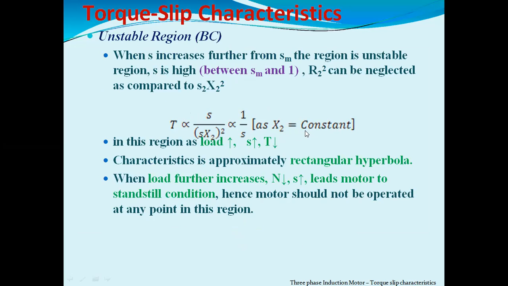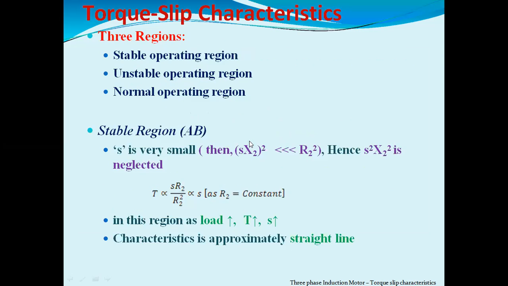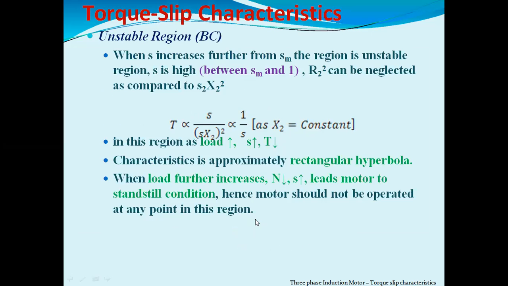In this region, if the load increases, the value of S will increase. Earlier, as S increased, torque increased, but here the torque will decrease, because torque is inversely proportional to the slip.